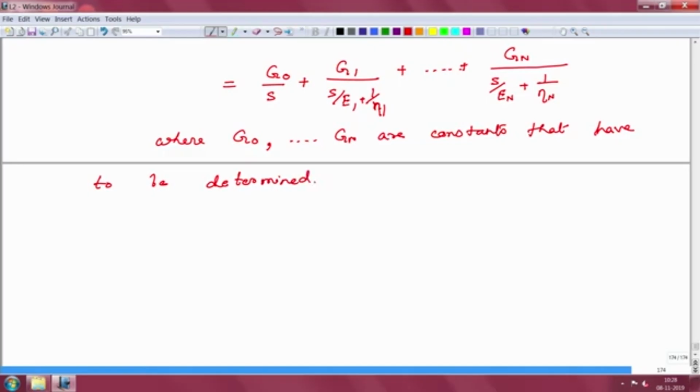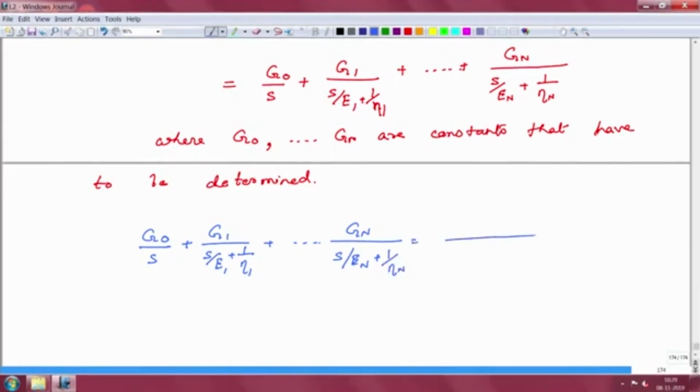So, how can you determine g naught till g n? Well, you can equate the two sides. The two sides what we are claiming is that these are the same, and this is the same as your epsilon naught.